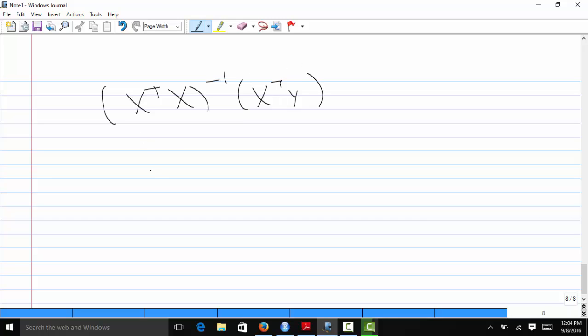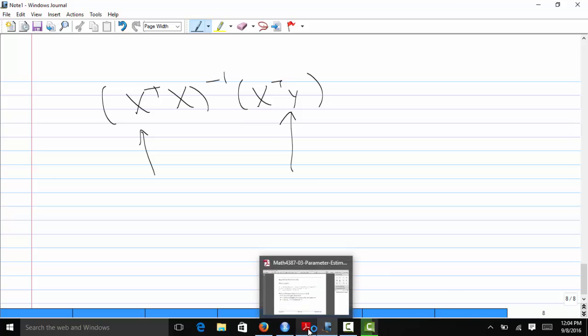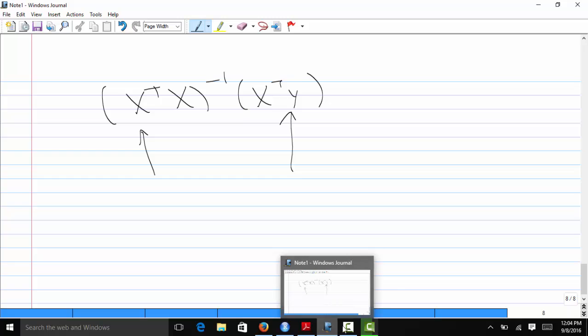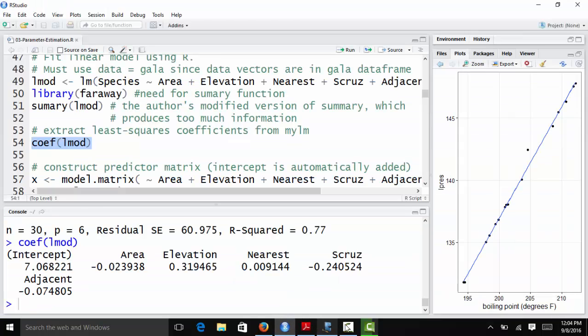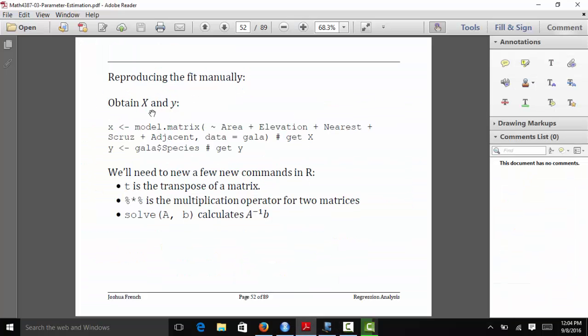And so how do we get our x matrix? Well, I'm going to cheat a little bit. You could just create these using the matrix function or the cbind function, but we're going to take a little bit of a shortcut just because it's a lot more straightforward. And that's going to be using the model.matrix function. With the model.matrix function, you give it a data frame, in this case the gala data frame where our information is stored.